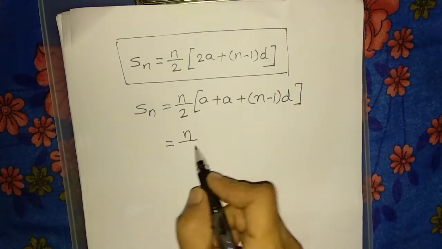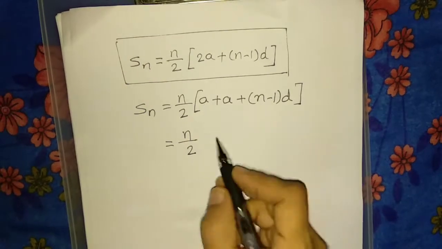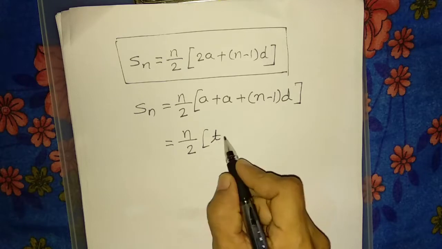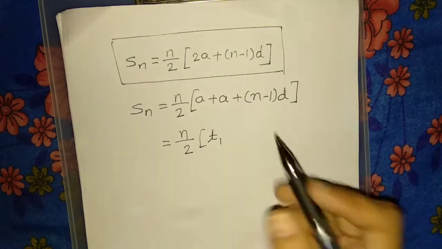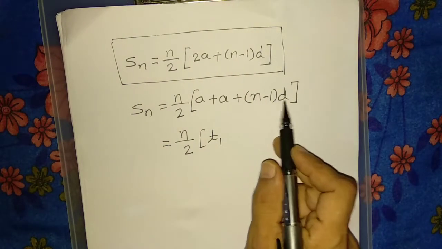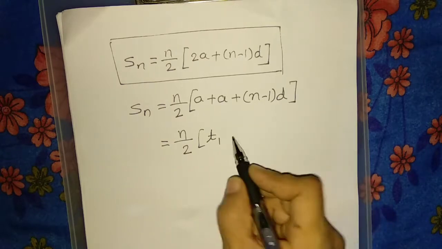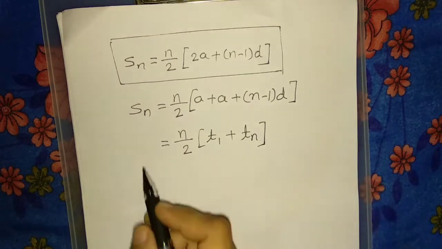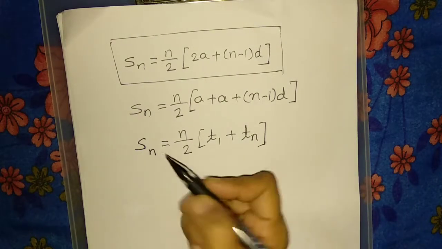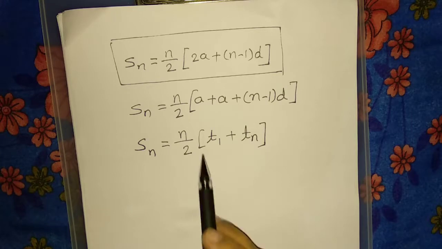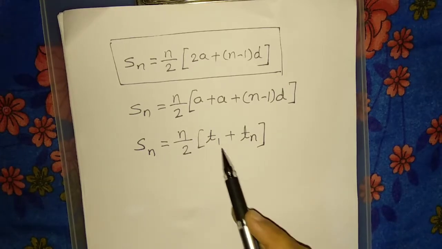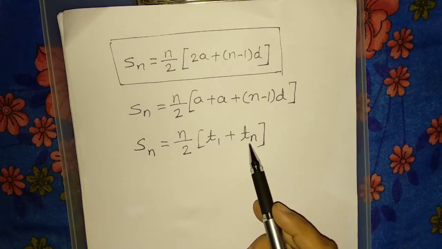So n by 2, a means first term of AP. It is written as T1, and a plus n minus 1 into d is formula for Tn. Therefore, one more formula we get from this: Sn is equal to n by 2 into T1 plus Tn.